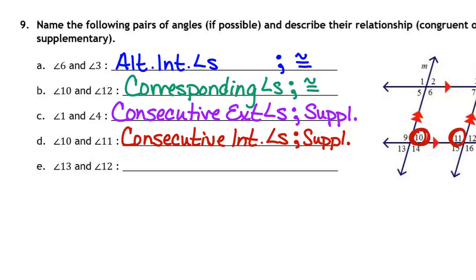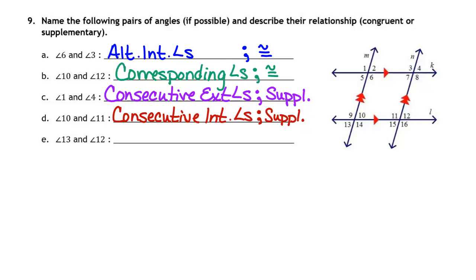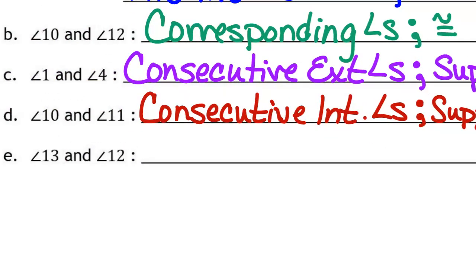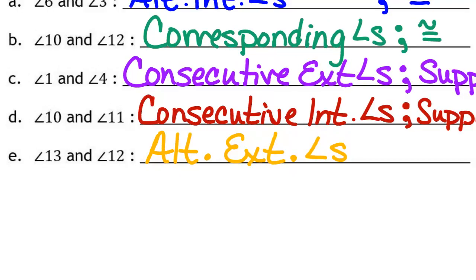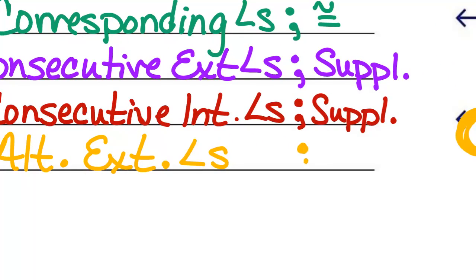And the last one that we're going to do is 13 and 12. 13 is here. 12 is over here. Alternate exterior angles. Congruent or supplementary? Congruent.